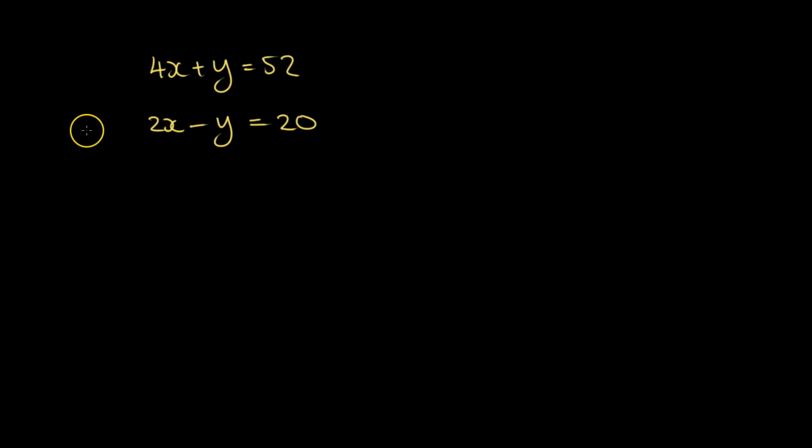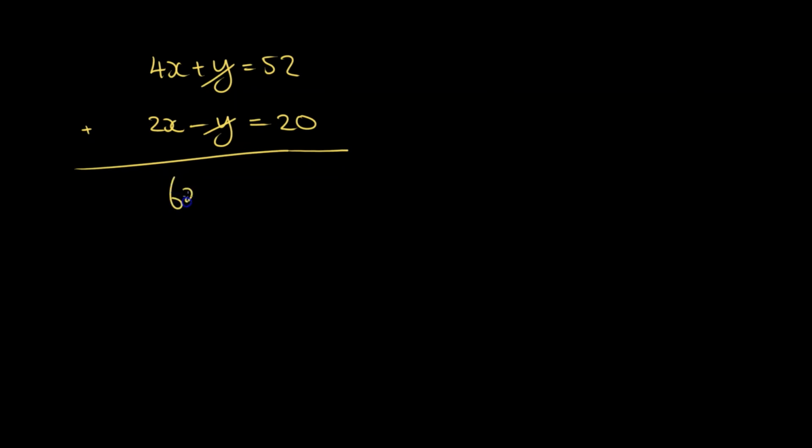But what about if we added these two equations together? Well, this positive y plus minus y, this plus minus makes a negative here, so it would be y minus y, and we'd eliminate that variable from our equations. So let's add these two together.